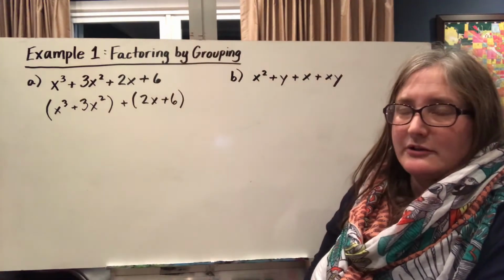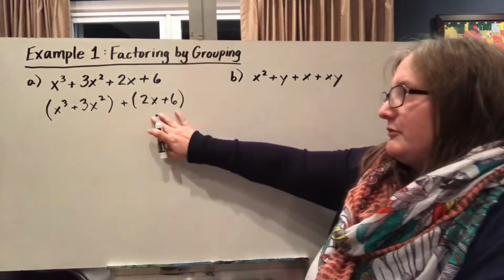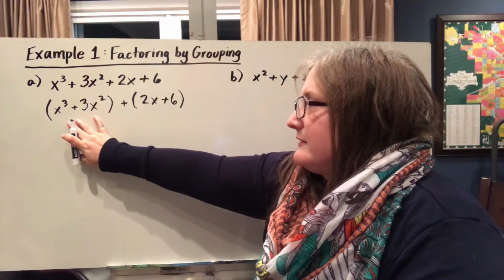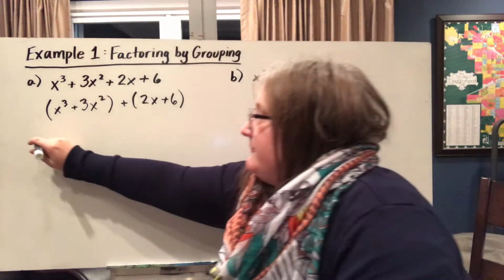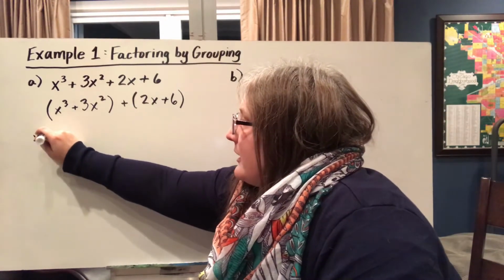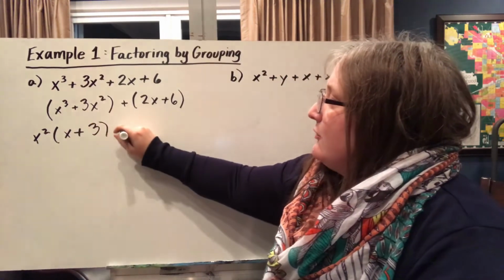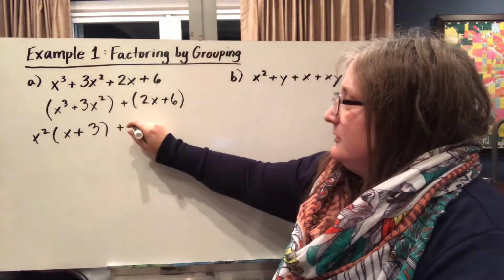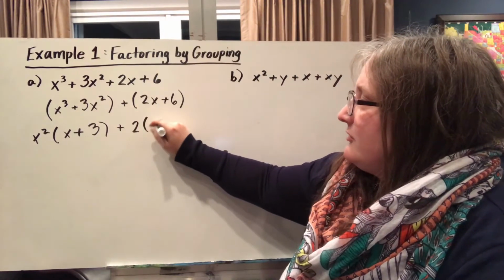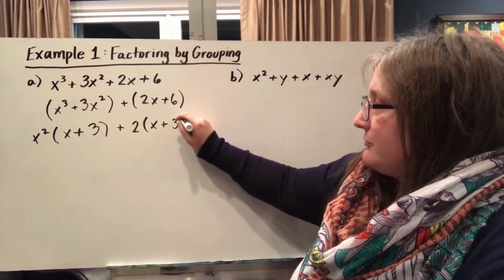Now what I'm going to do is factor something out of each of these groups. From this group, I'm going to factor out the greatest common monomial, which is x squared. That's going to leave me with x plus 3. And over here, I'm going to factor out 2, which is also going to leave me with x plus 3.